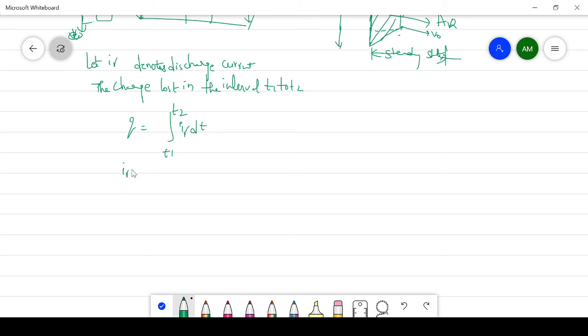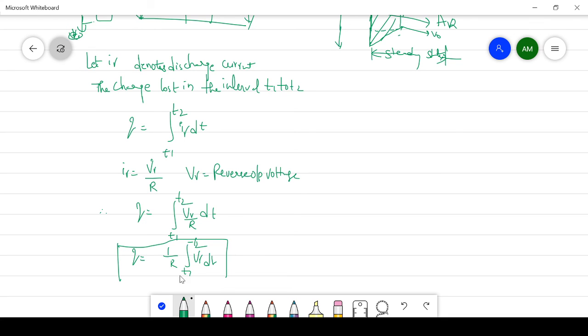But IR, from Ohm's law, is VR by R, where VR is the reverse output voltage. So finally Q is the integral from T1 to T2 of VR by R dt, so Q is equal to 1 by R times the integral from T1 to T2 of VR dt. This is equation 1.